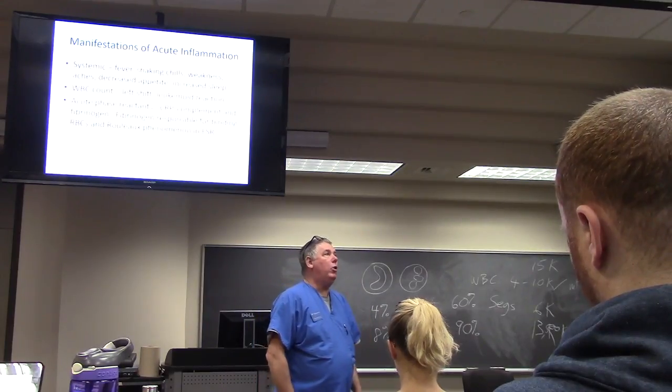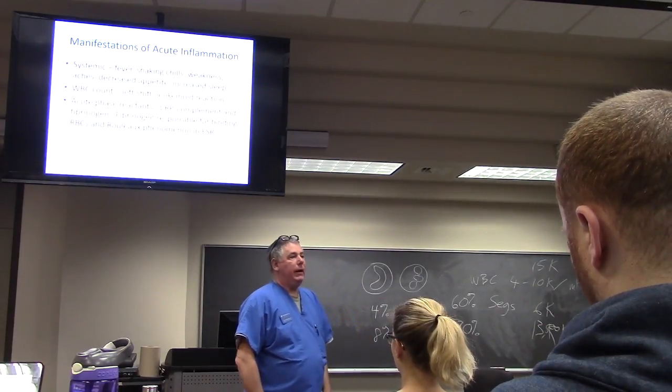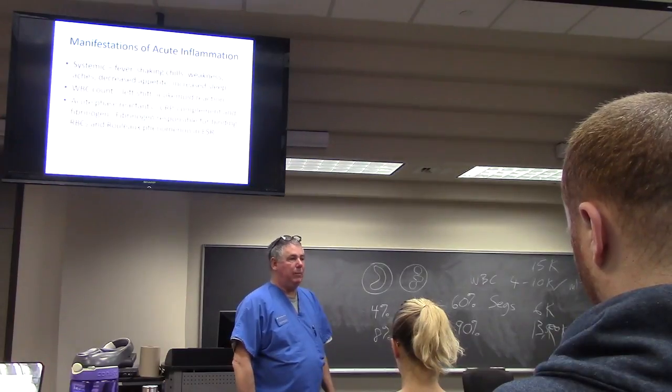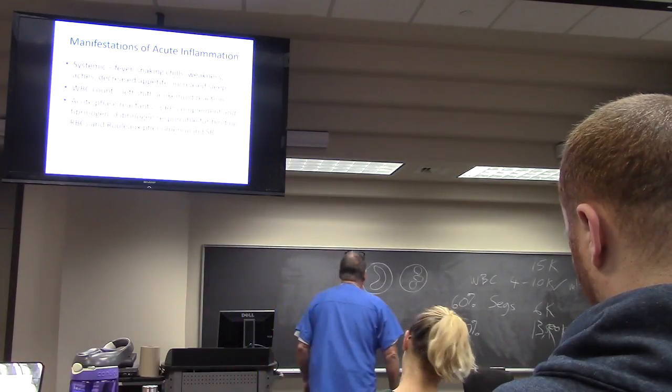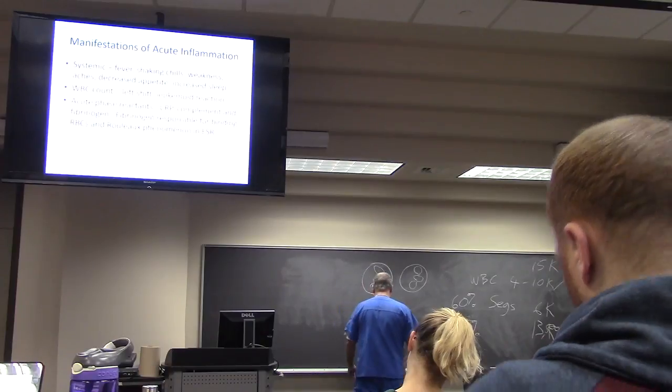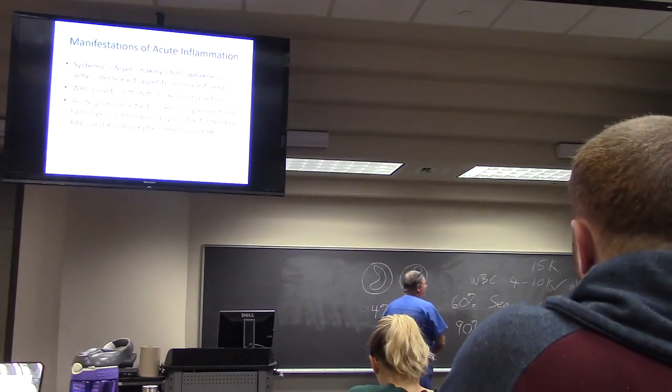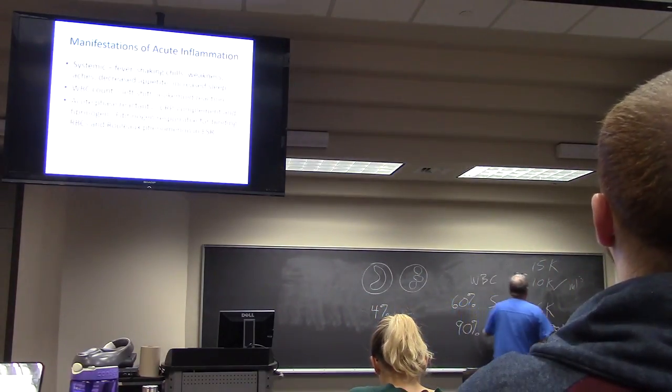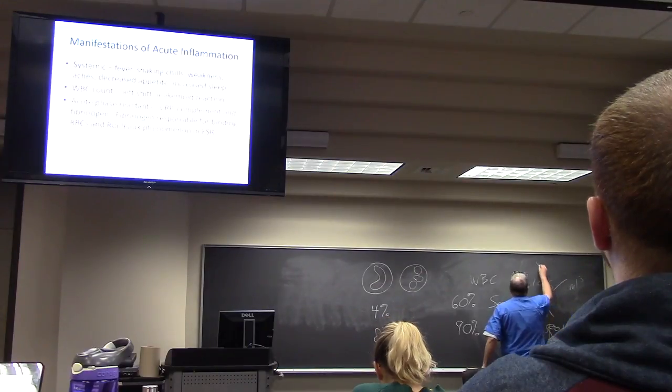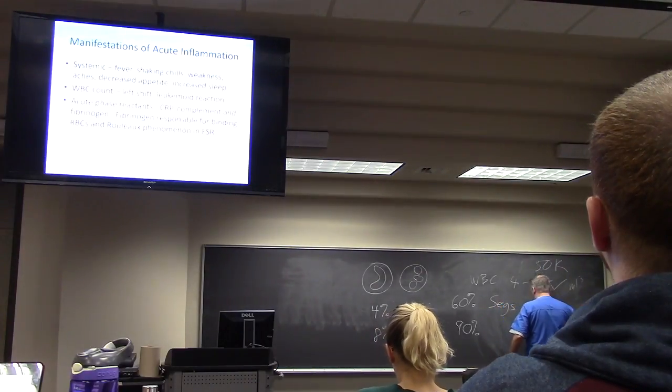That thing there is called a leukemoid reaction. In some people, and I've only seen it twice in my career, you get a white blood cell count on somebody, and it'll come back 50,000. What?